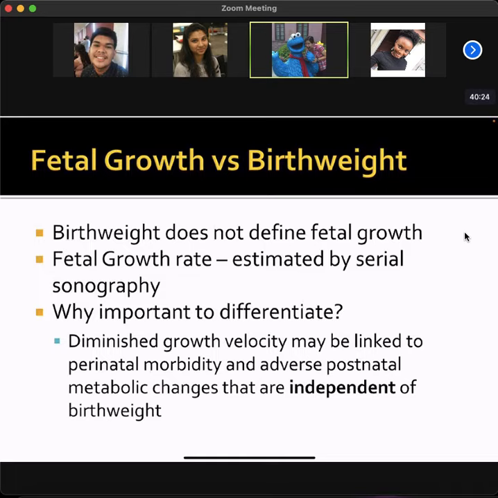But the baby can reach a birth weight of 2.25 after 4 weeks from a 2 kilogram baseline at 32 weeks. The baby may have a normal birth weight, but the fetal growth was already stunted. So that's the difference.